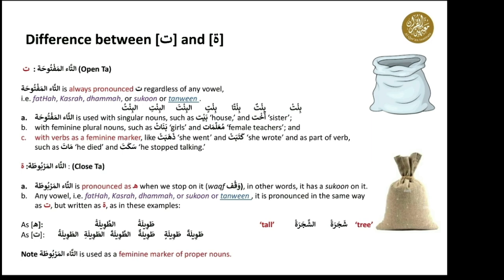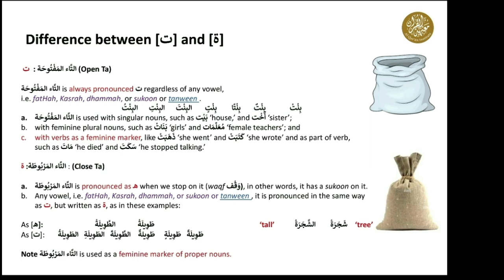Examples: bint, bintun, bintan, bintin, al-binta, al-binti, al-bintu. Ta maftuha is used with singular nouns such as bait, meaning house, and ukht, meaning sister.